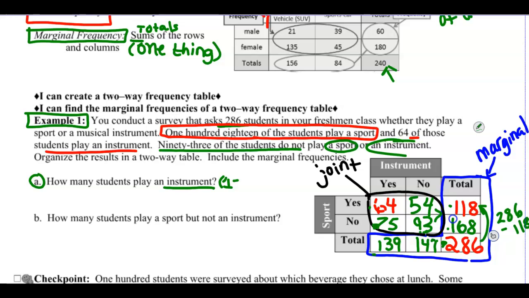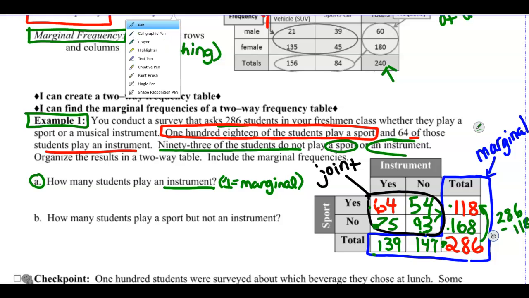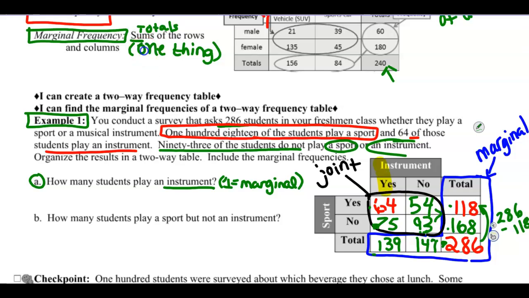One piece equals, it's asking for a marginal frequency. So I'm just going to follow either the column or the row across that says plays an instrument. So if you're looking down, I'm going to highlight it. How many play an instrument? This is what I'm looking for, the total, one thing. So it would be 139 people.